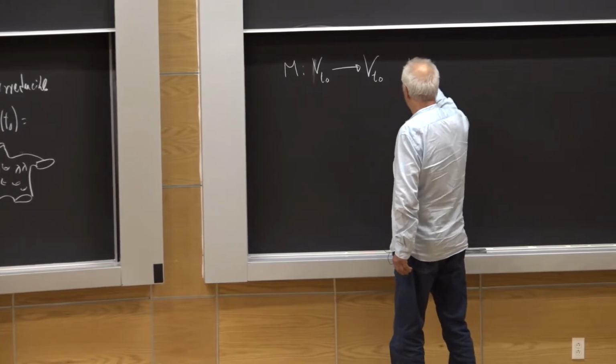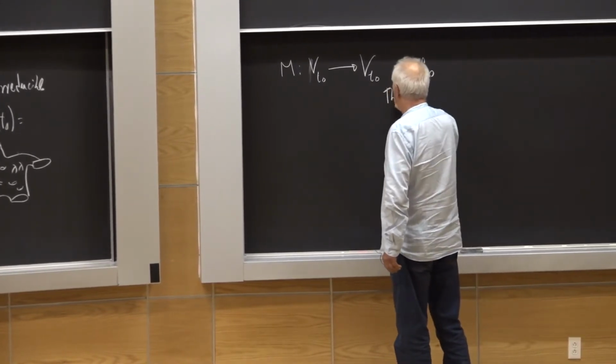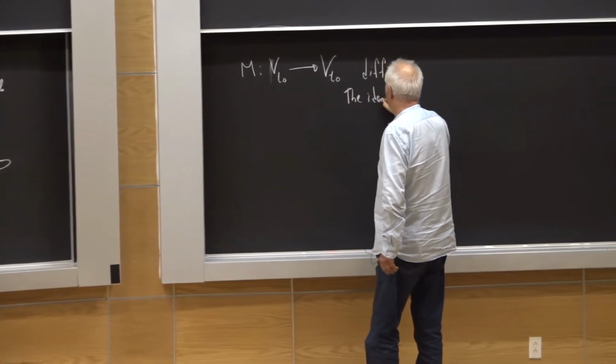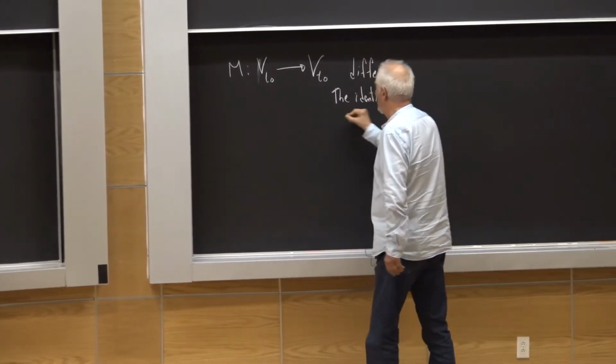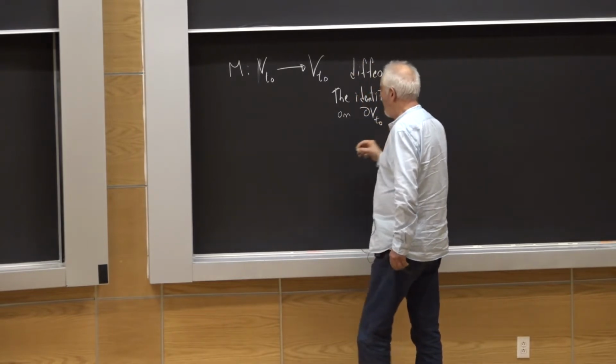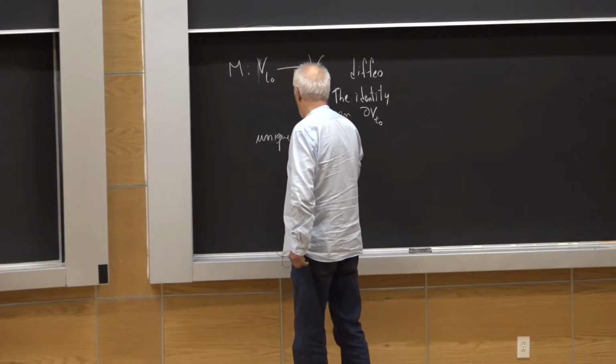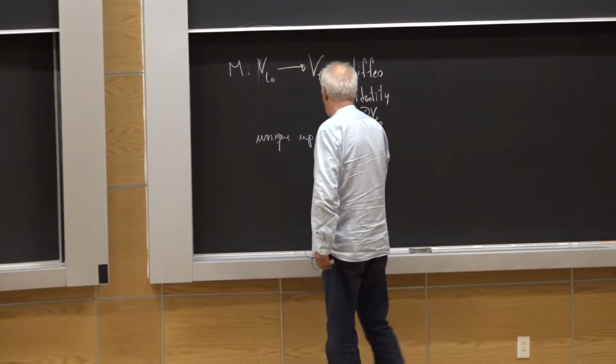It's a diffeomorphism which is the identity on the boundary of V(t0), and it is unique up to isotopy.